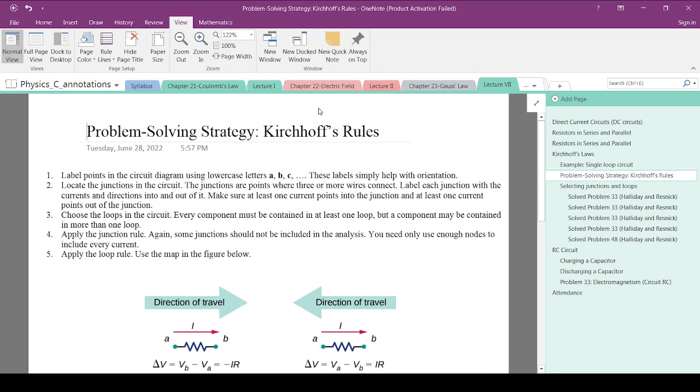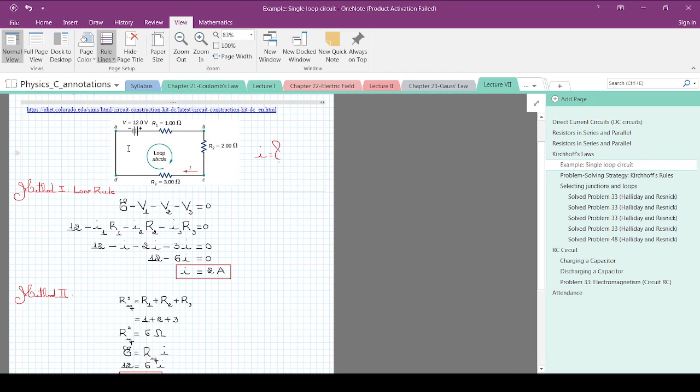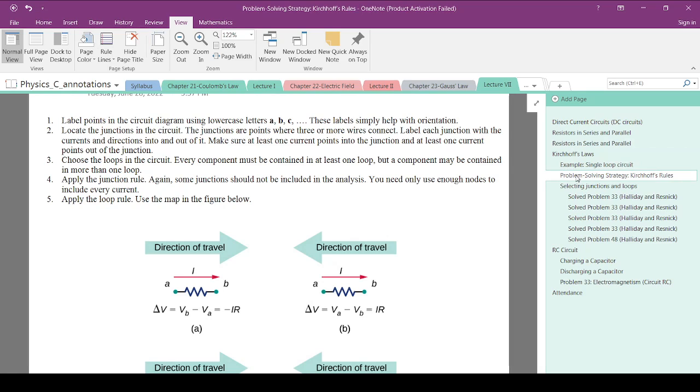In this case, the strategy is very easy. The first thing that you do is label points in the circuit diagram using lowercase letters, A, B, C, and so forth. The same way I did for this one is already done, but it is actually not so important here. When you have multi-loop circuits, it is going to be crucial to solve the problem.